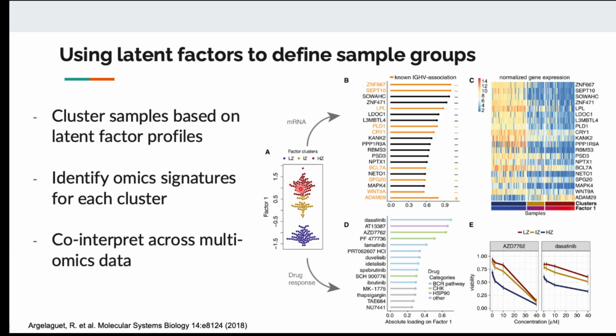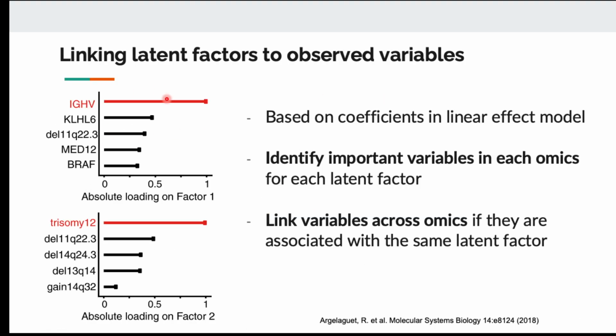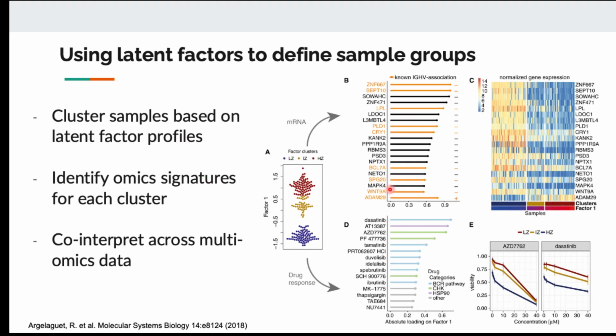So this is for mutation. But factor 1 may also be associated with different gene expression, different mutation. If we ask what is linked to factor 1 regardless of omics? On the mutation, we already found this mutation of IGHV being linked to factor 1. On gene expression, we might find increased expression of this gene being linked to factor 1.